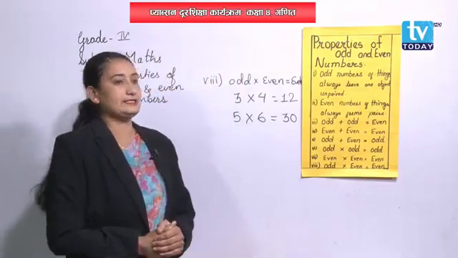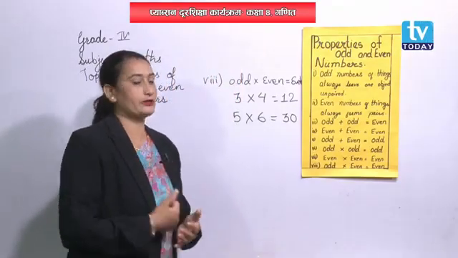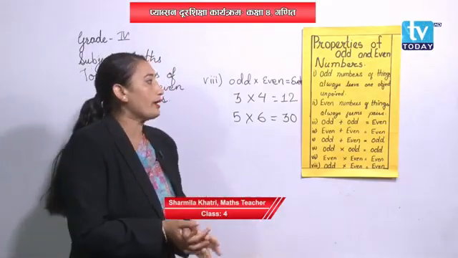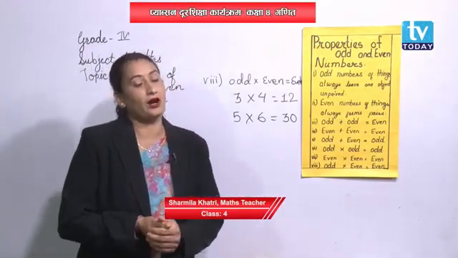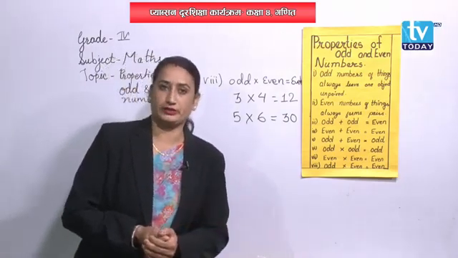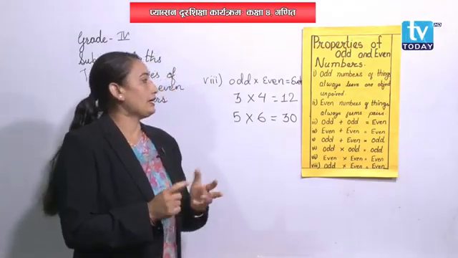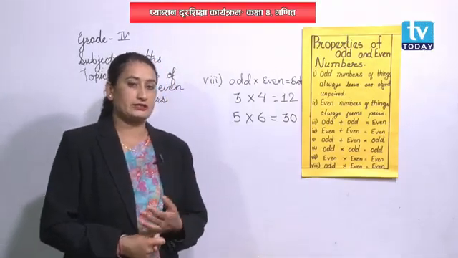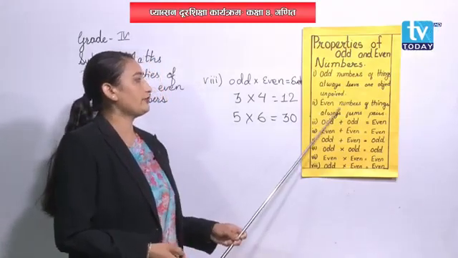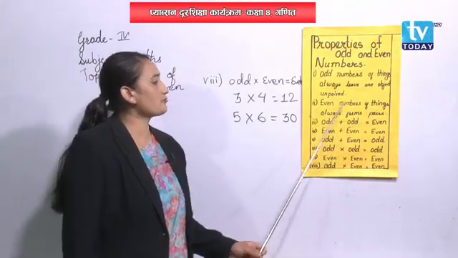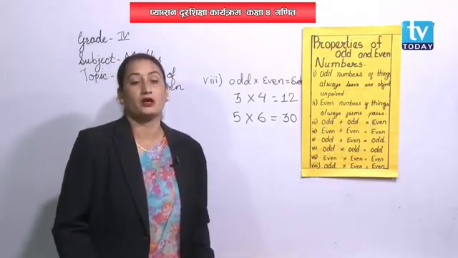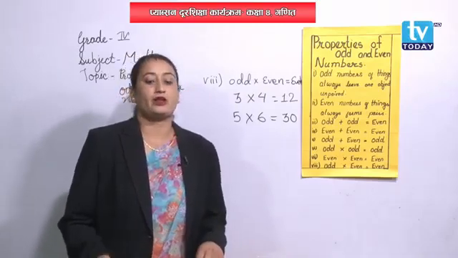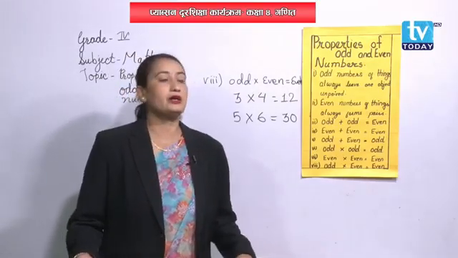So let's review. The first one is, an odd number of things always leaves one object unpaired. The second property is, an even number of things always forms pairs. The third is, if we add odd and odd numbers, then we will get an even number.